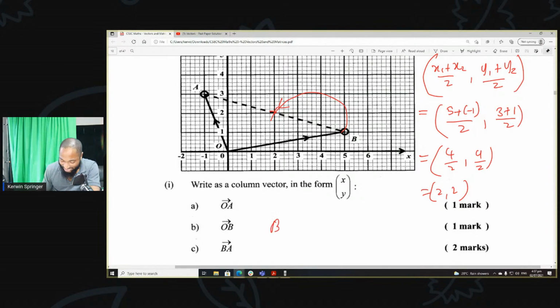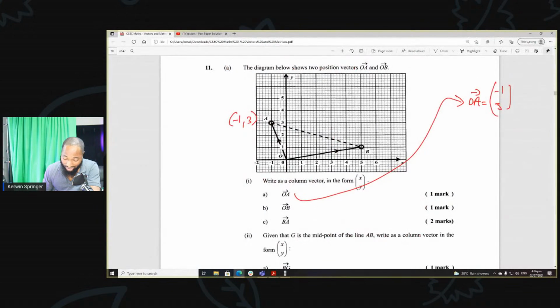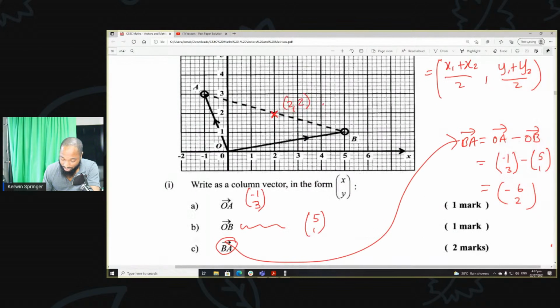B to G is half of B to A, right? The reason I'm saying that is because I already found B to A. Look at it. So B to A was -6, 2.